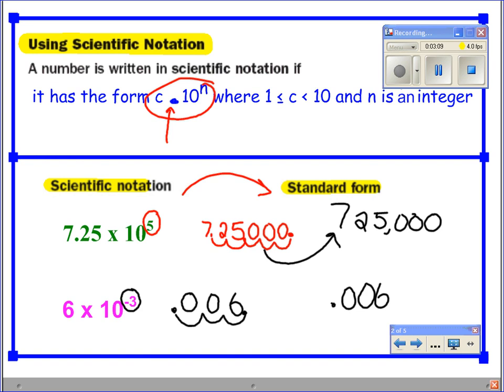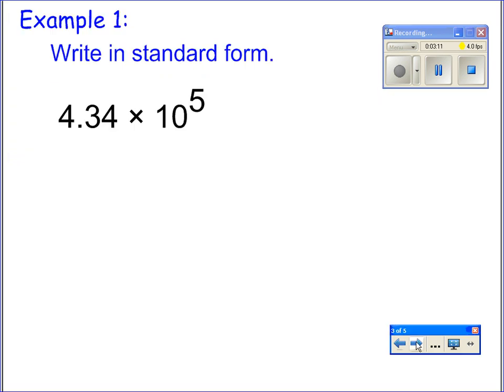Let's move on to the 3 examples that are similar to ones that you'll see on a foresight. So first example, we are going to write this in standard form. So in other words, we're going from scientific notation to standard form. Okay. First thing that I'm going to do, and that you should do as well, is rewrite the 4.34 and then look at the exponent. The exponent's positive and it's 5. So we are going to move the decimal point over 5 places.